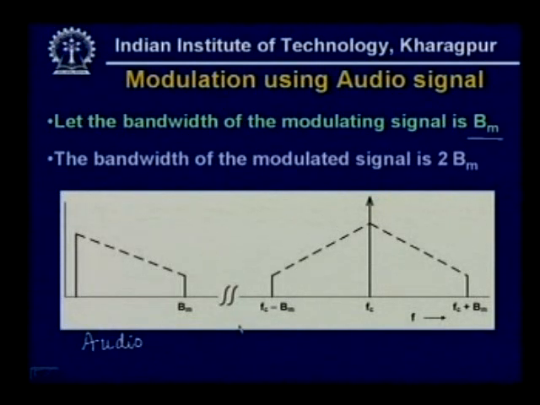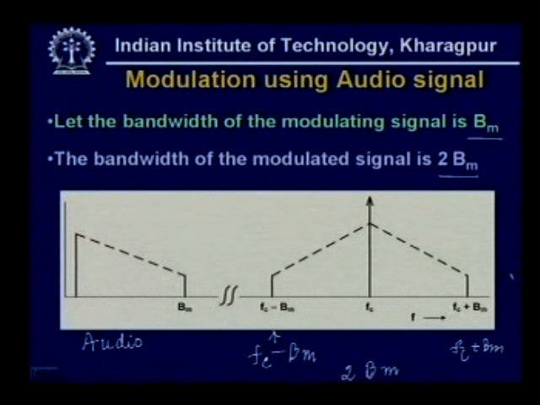Now, the modulated signal will have bandwidth starting from Fc minus Bm. So, here is your Fc minus Bm to Fc plus Bm, and as you can see the bandwidth is equal to 2 Bm. So, the bandwidth of the modulated signal is 2 Bm as it is written there.